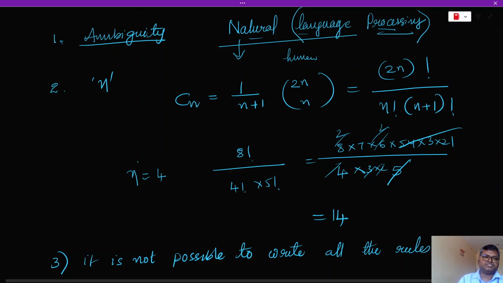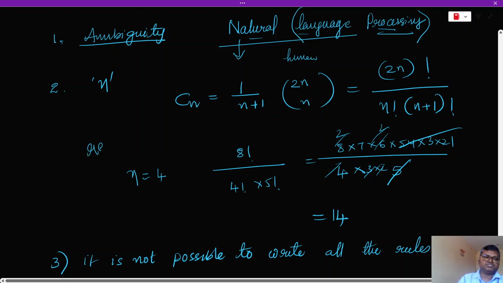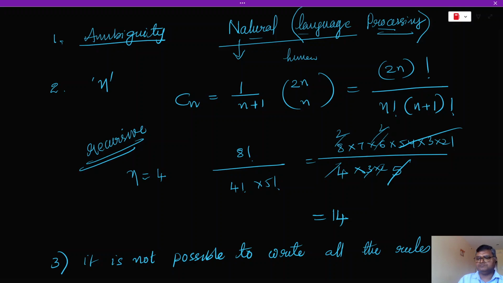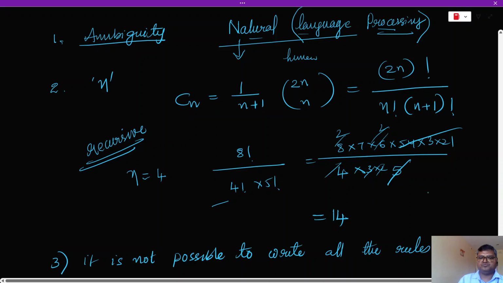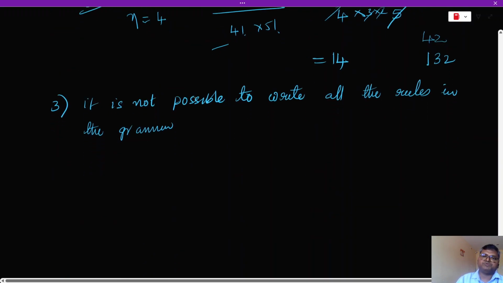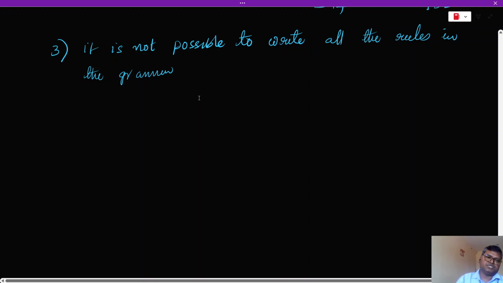Because these rules are recursive, it will lead to many trees. Catalan number 2n factorial by n factorial n plus 1 factorial. So it will go on increasing. If it is 5, it will go up to 42. If it is 6, it will go up to 132. So on, it will go on exponentially. And the third one is it is not possible to represent all the rules in the grammar.